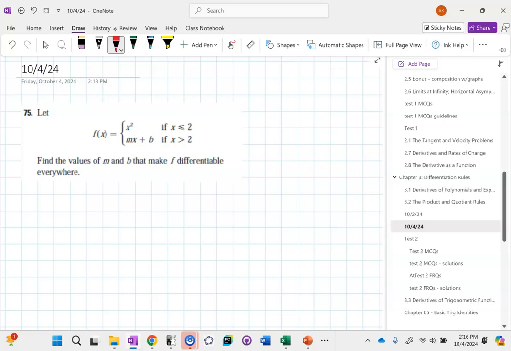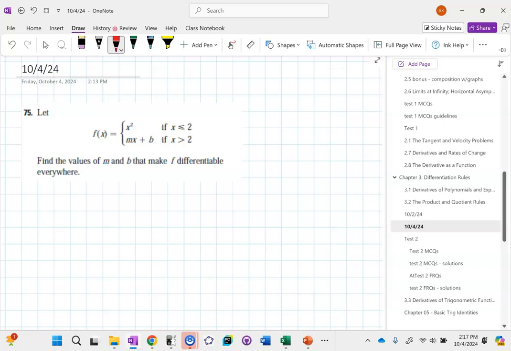Okay, if I look at x squared, are there any discontinuities, corners, or vertical asymptotes in x squared? No. If I look at mx plus b, are there any discontinuities, vertical asymptotes, or corners in mx plus b? No. So the only place where I can fail to be differentiable is at the place where the two pieces of my piecewise function hook together, right?